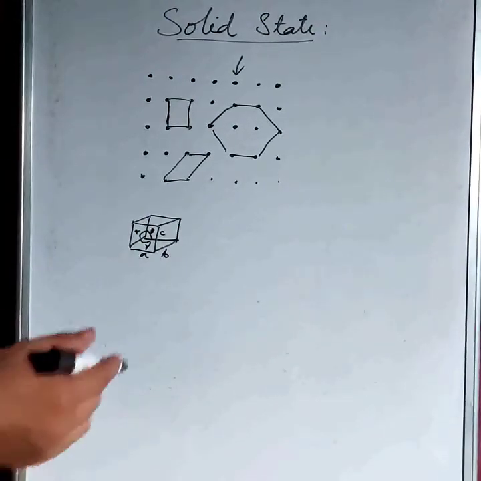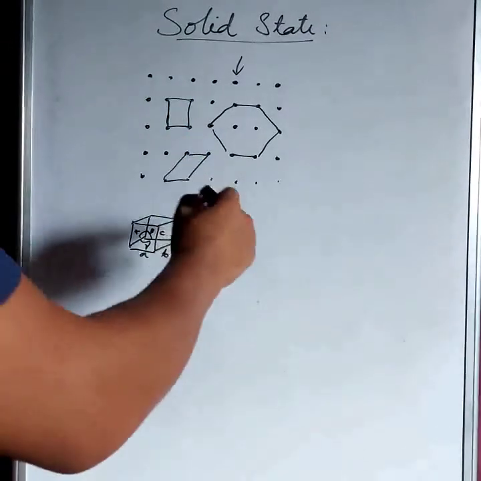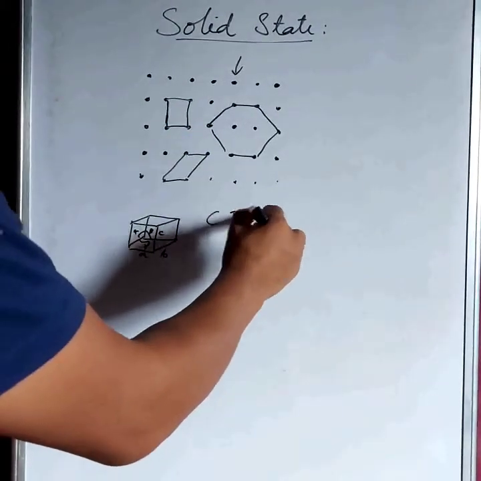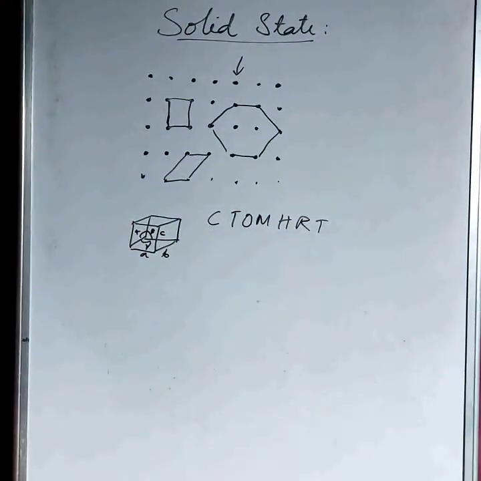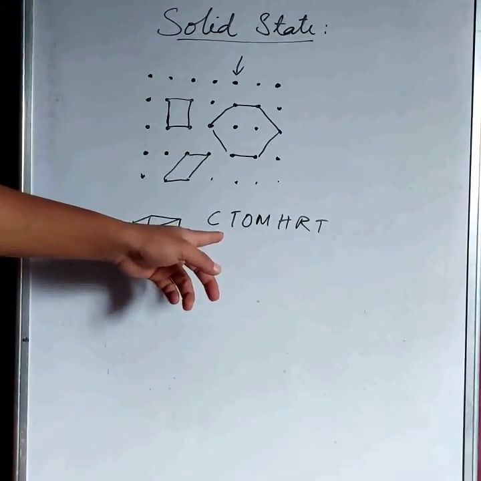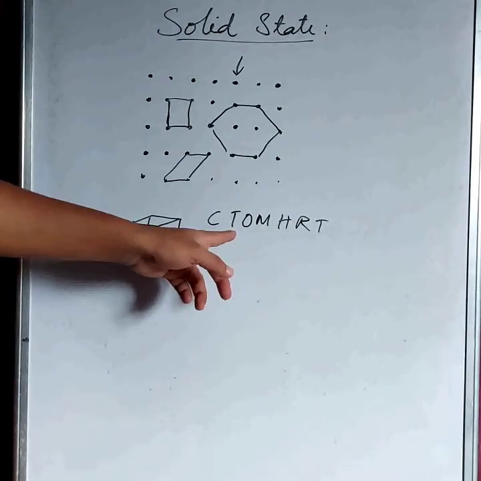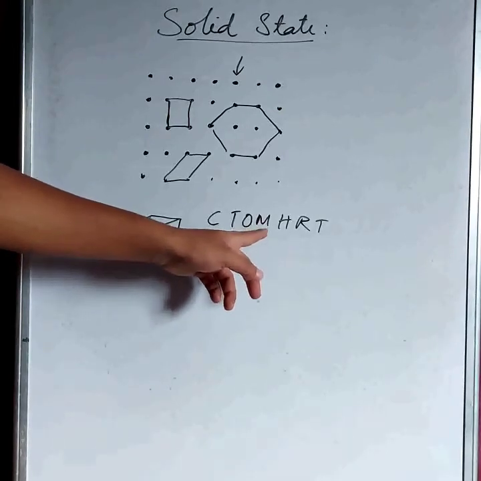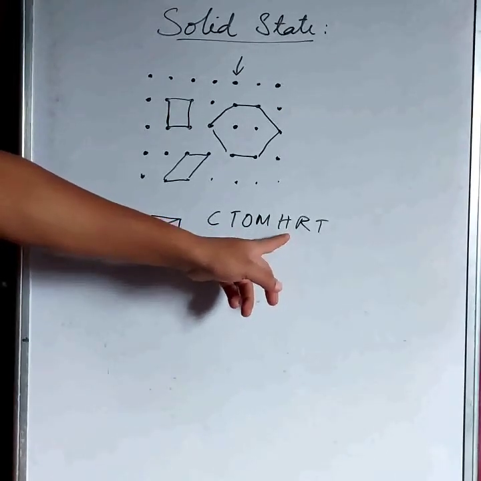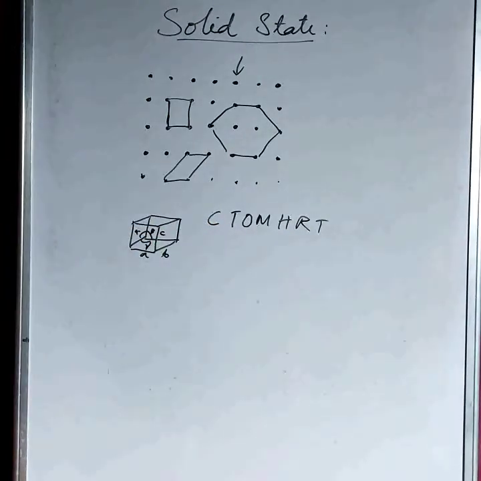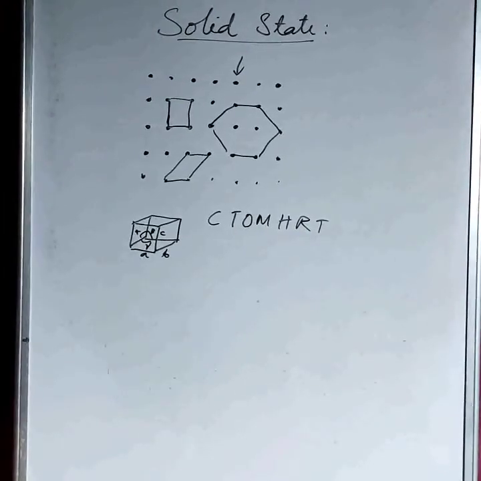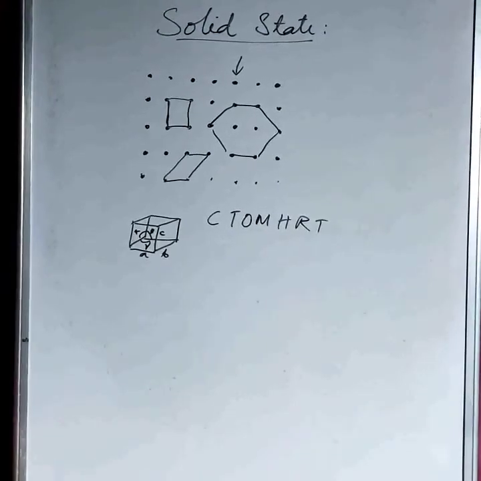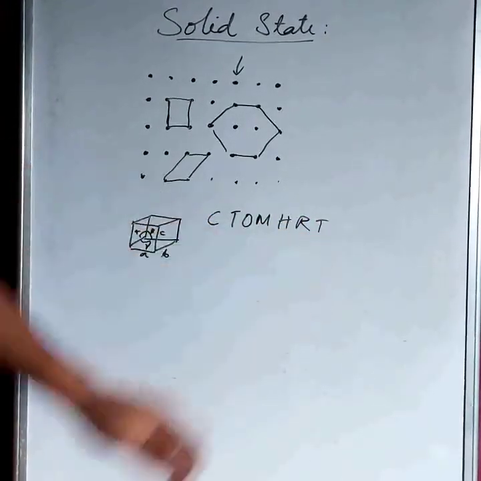Now, there are basically 7 crystal systems. You can see down here: cubic, tetragonal, orthorhombic, monoclinic, hexagonal, rhombohedral, and triclinic.